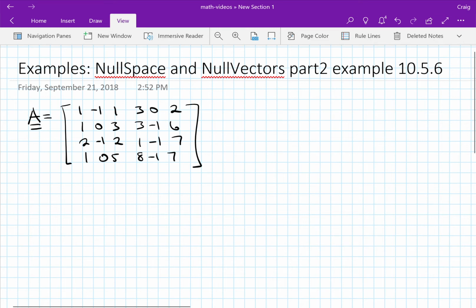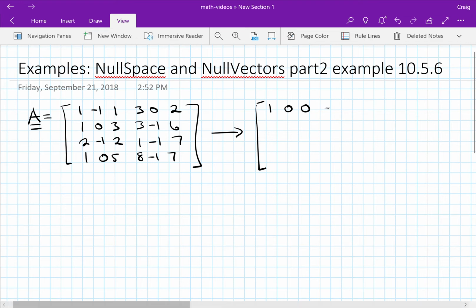Okay, so after we do Gaussian elimination, that matrix is row equivalent to 1, 0, 0, -9/2, -1, 9/2.